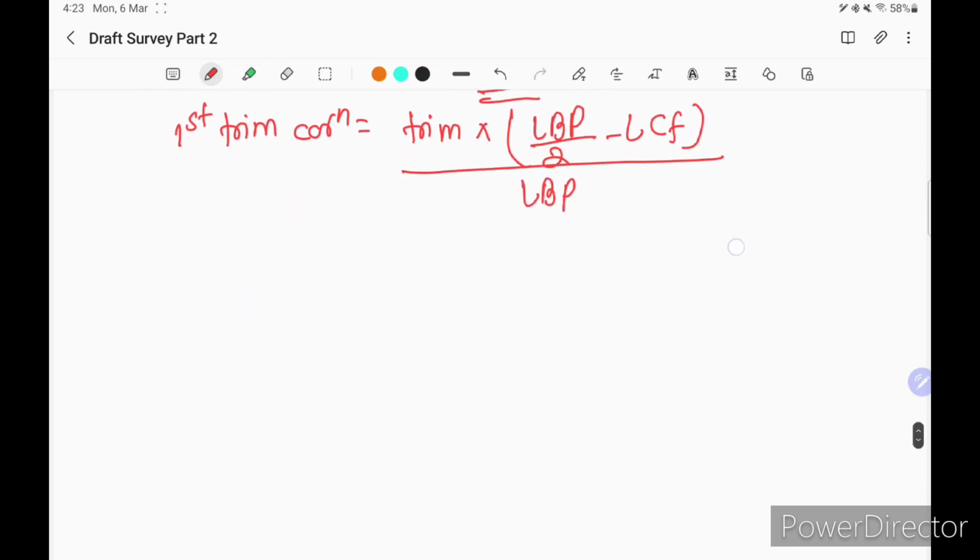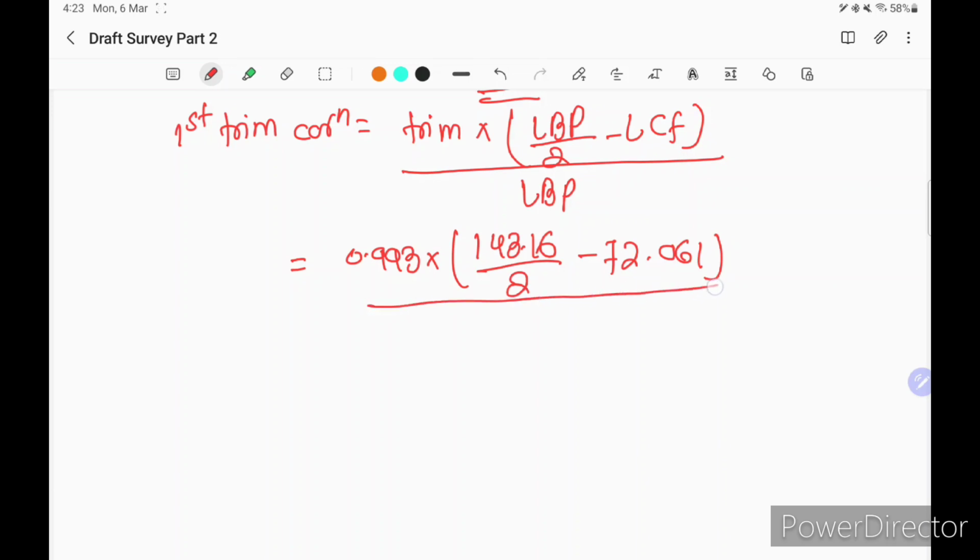This is the first trim correction formula. Now apply 0.993 into 143.16 divided by 2 minus 72.061 divided by 143.16. Since LCF is more than this value, we get the answer in negative.